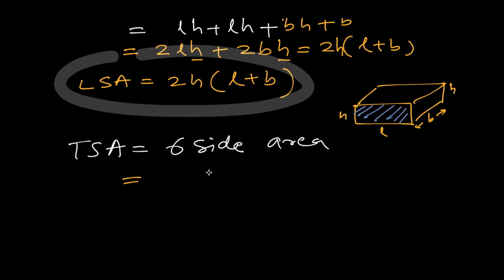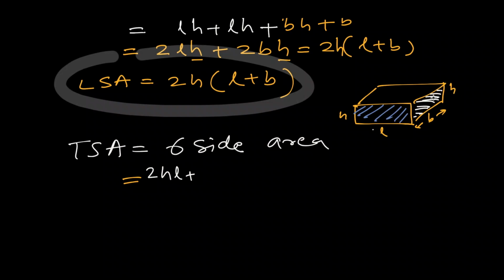So what is the area? The area is exactly H into L plus, if you consider this side, it is going to be B into H, not L, because L is for the front face and this is the side face. So this HL and the back side HL, is it the same? Yes, we have to consider two sides: one is the front side, the second is the back side.